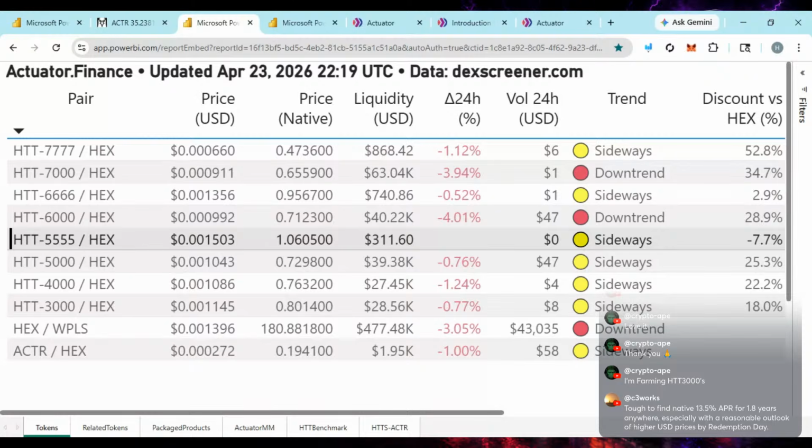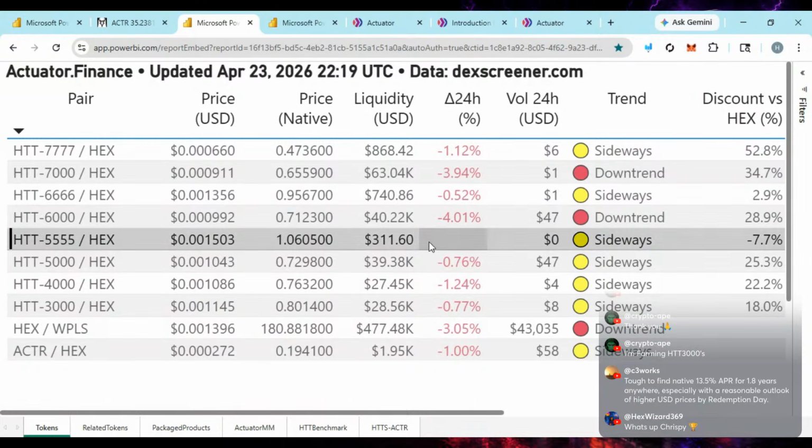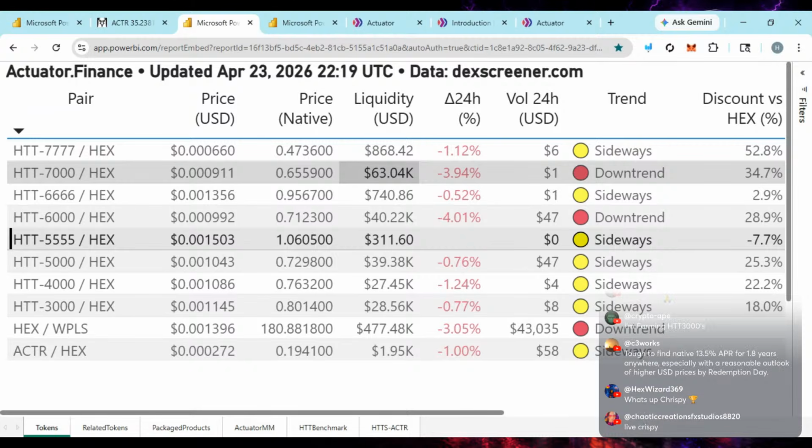There's not a lot of liquidity out there. There might be 1K liquidity total on this particular token. And I do have values listed. You can see that the 7,000s, I think, is the biggest one. They have $63,000 US fiat. HTT to HEX, right? So the HTT 7000 HEX, which is pretty reasonable.